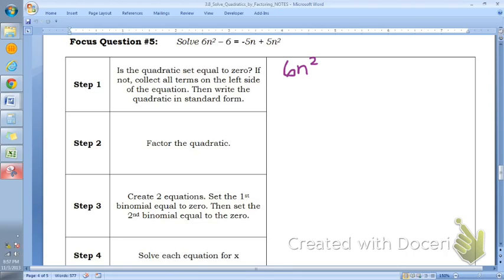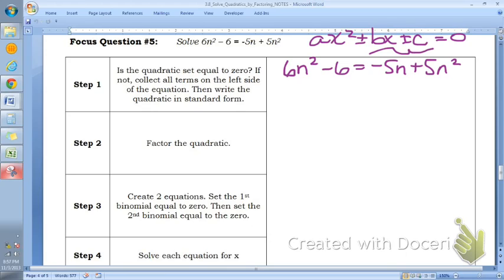So the original problem is 6n squared minus 6 is equal to negative 5n plus 5n squared. Remember that your standard form is the ax squared plus or minus bx plus or minus c. We want it to equal 0. So we need to move this whole side over here to be equal to 0.